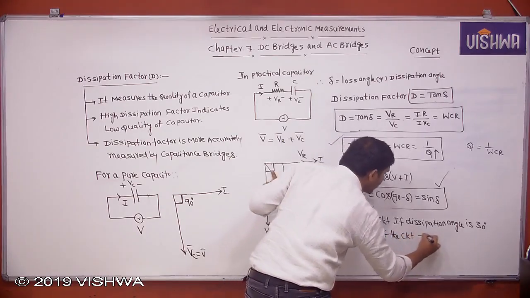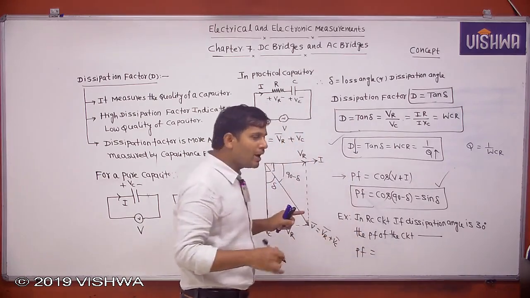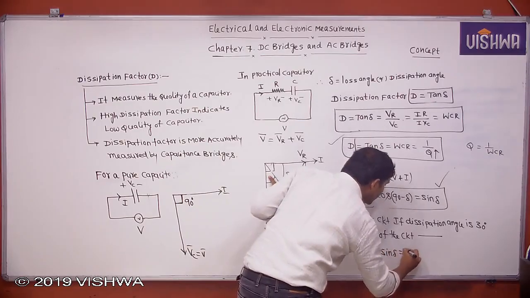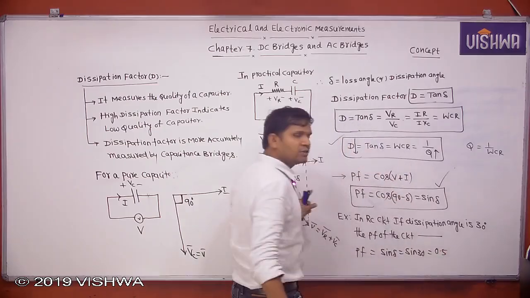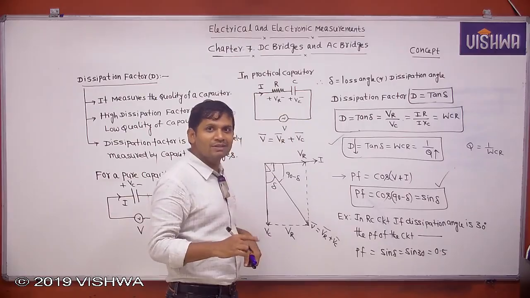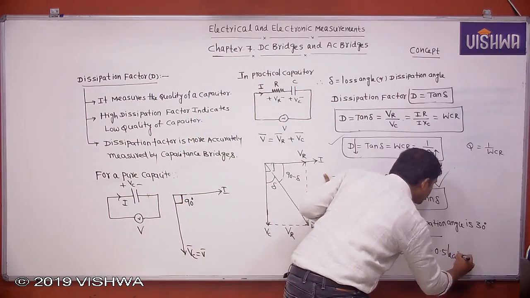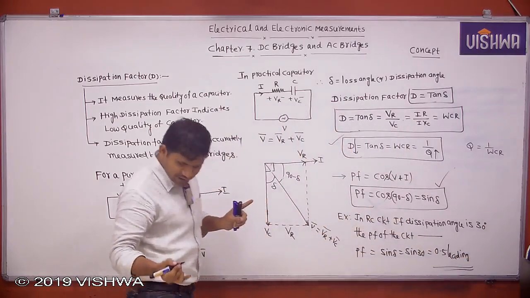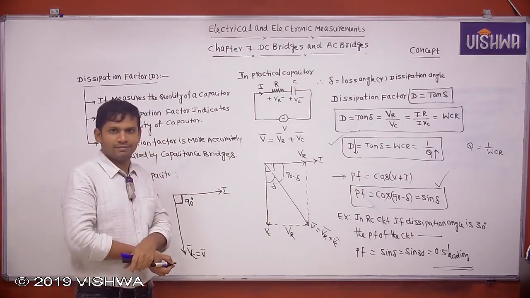If the question asks like this, then power factor is not cos, because given is the dissipation angle, so sin delta, sin 30, which equals 0.5, that is 1 by 2. Is it lagging or leading? Leading, because it's an RC circuit. So this is 0.5 leading. Like this you can answer. If the dissipation angle is given, the power factor is not cos, you take the sine.